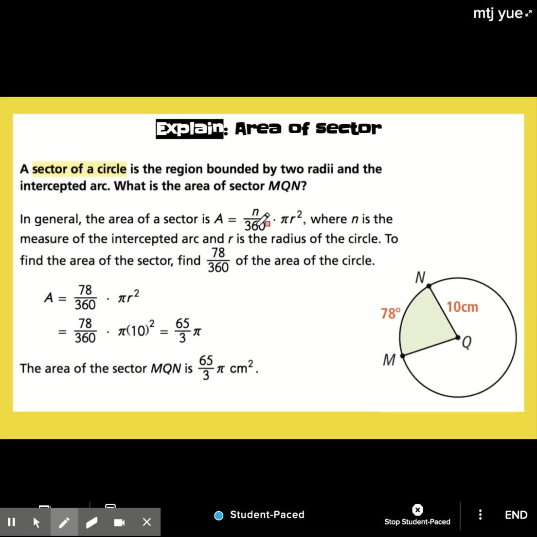Same fraction because we're still dealing with a circle and the degree measurements within the circle, especially that arc. And then you have pi r squared, right? So pi r squared will be the area of a circle. We're taking a portion of that area of the circle. So that's why you have N over 360.